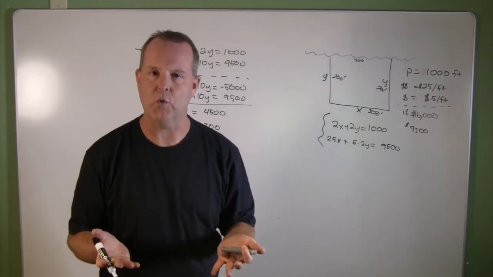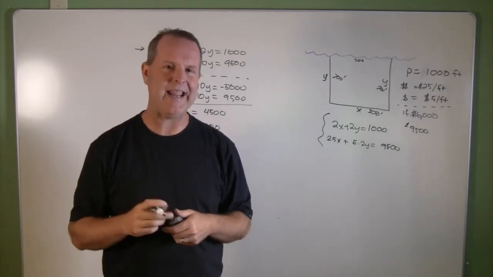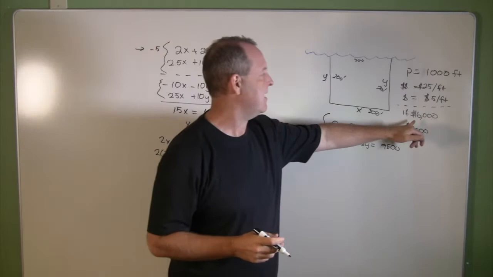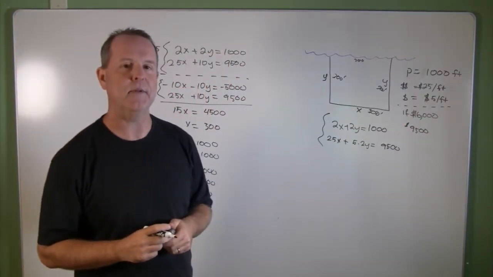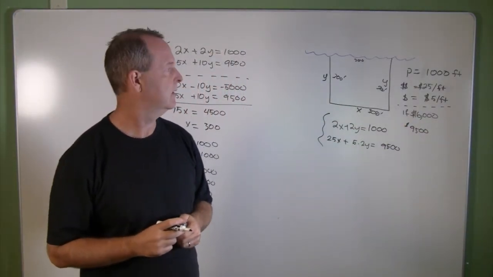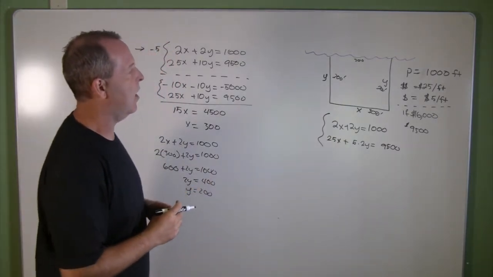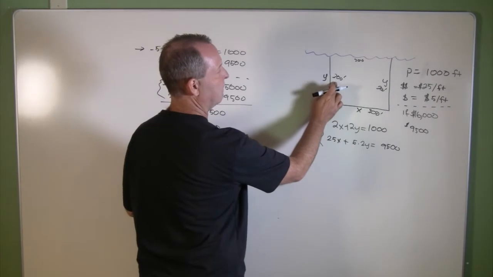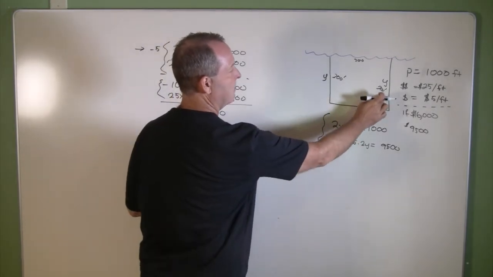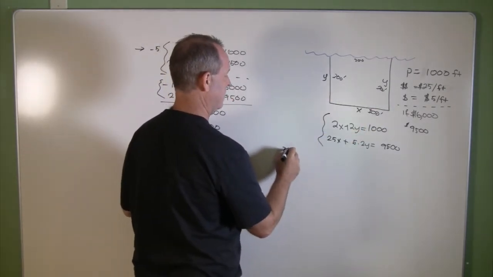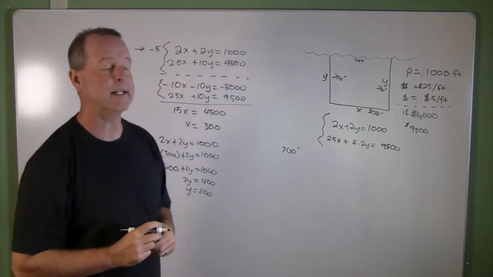The second part of the question he's curious about is, what if I up my budget to $16,000? Am I able to put the good stuff all the way around? Well, now that we understand what all the dimensions are, we know that its dimensions are 200 plus 300 plus 200, which is 700. So he has 700 feet.